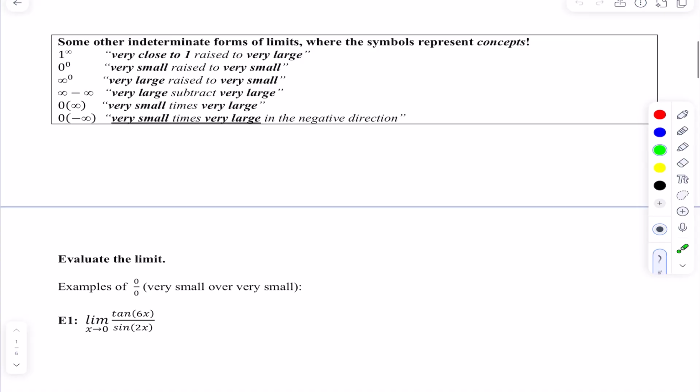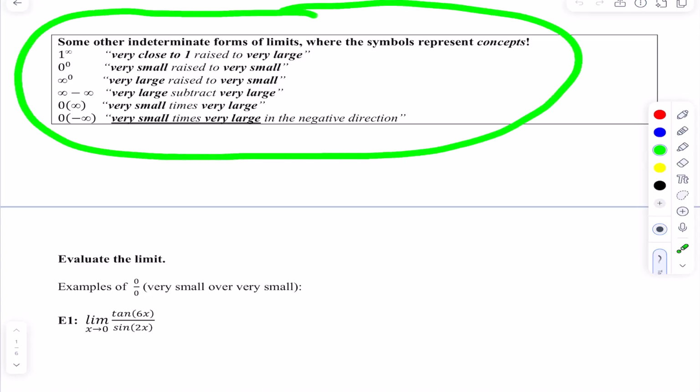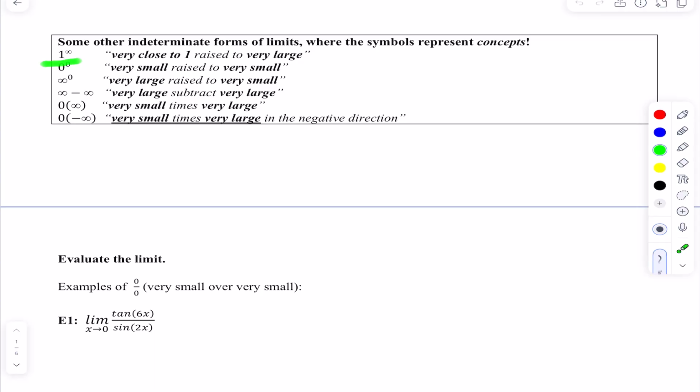Throughout the upcoming examples, we will analyze some other indeterminate forms, and there's quite a few of them. The first one here says very close to 1 raised to very large. It's very hard to imagine or picture that. What does that mean? This is even harder to imagine. What's very small raised to very small?